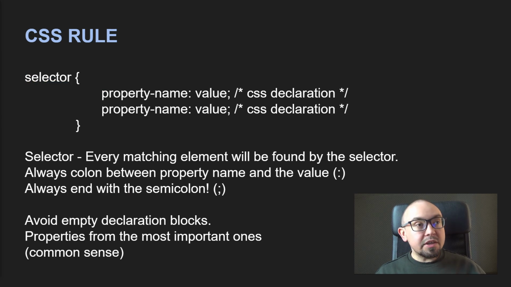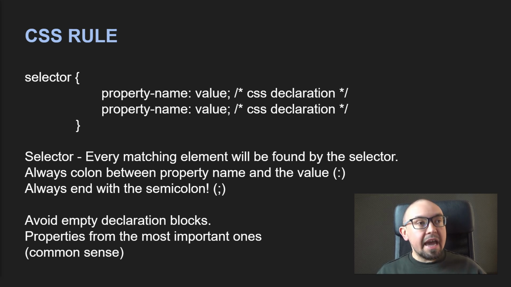The selector is a way to refer to each matching element we want to style. These elements are found by the browser. There must be a colon between the property and the value. And there should be a semicolon at the end of each declaration. The semicolon is not required at the end of the last declaration of the rule, but it is better to put it because it can avoid the error if we add a new declaration to the rule after some time and forget to add the semicolon to the previous one.